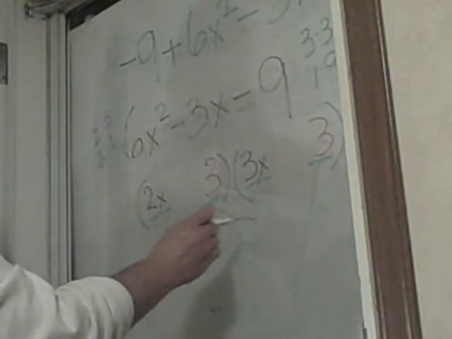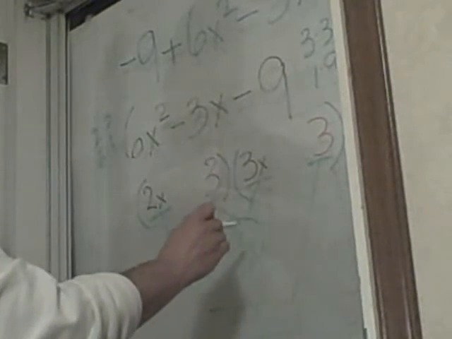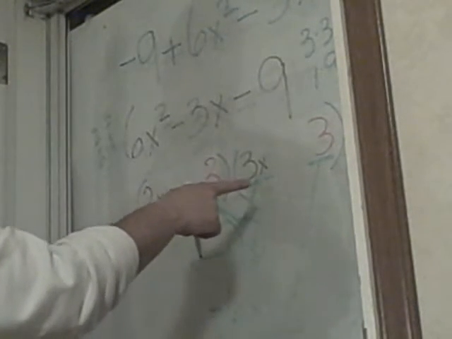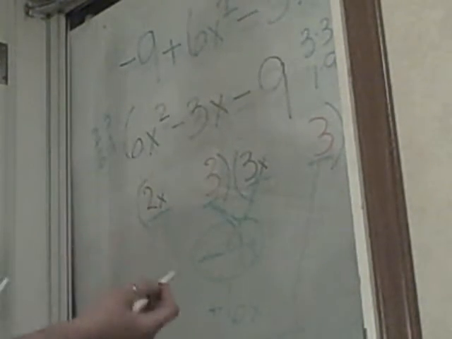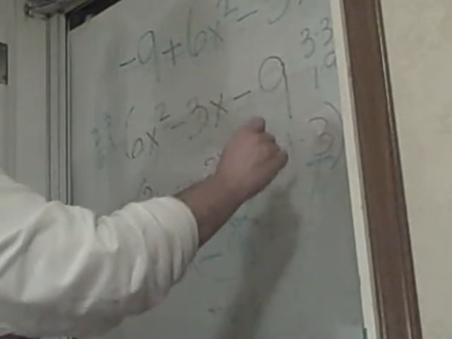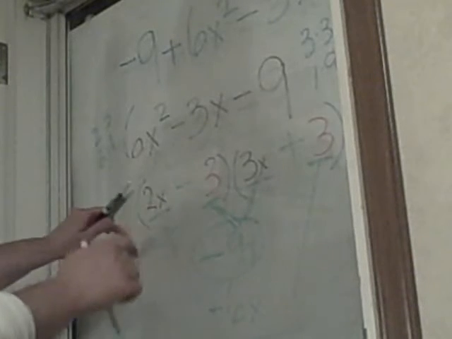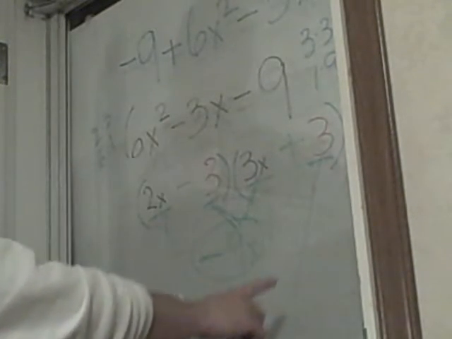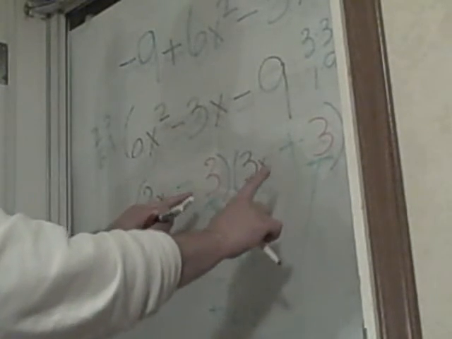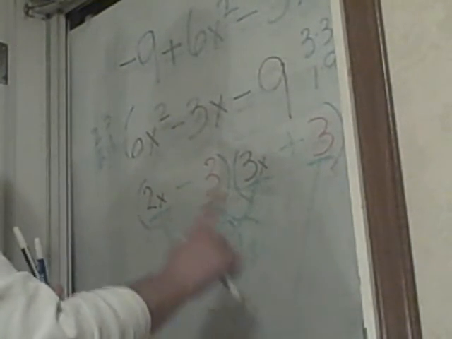I then have to follow this 9x up to where it came from. This 9x came from 3 times 3x, which means the negative sign goes with that 3 and the positive sign goes with that 3. 2x times positive 3 is how we got positive 6x, and negative 3 times 3x is how we got negative 9x.